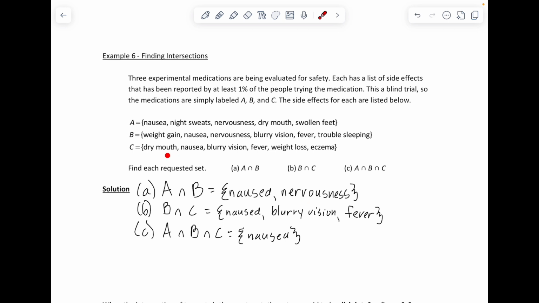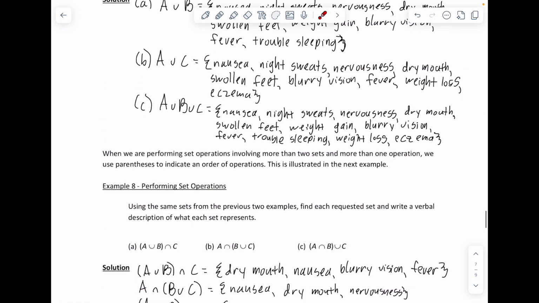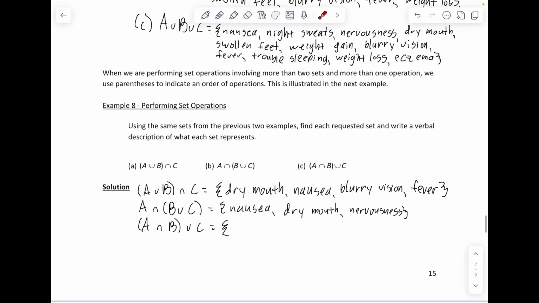So that would include dry mouth, blurry vision, fever, weight loss, eczema. Okay. So let's write that down here. Okay.